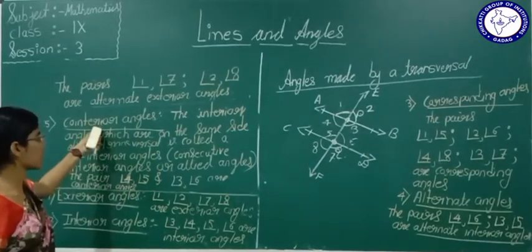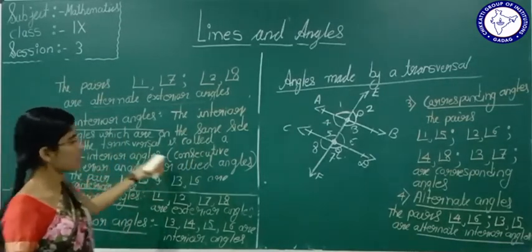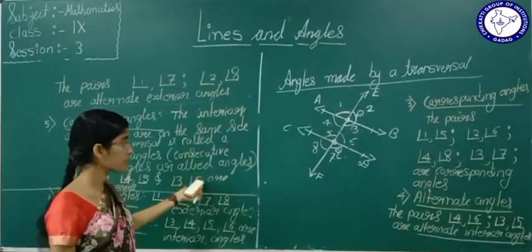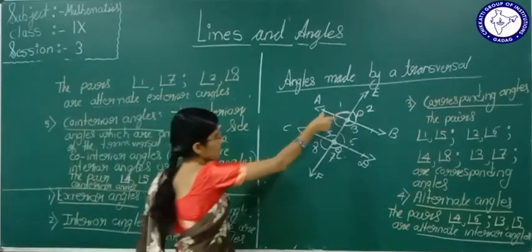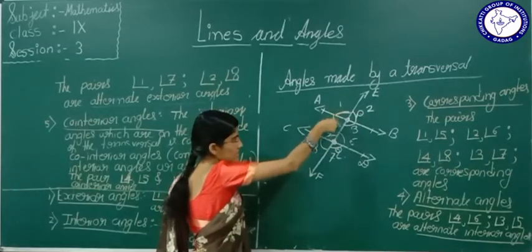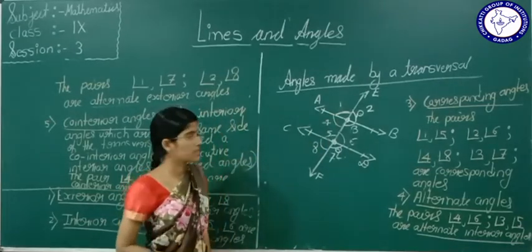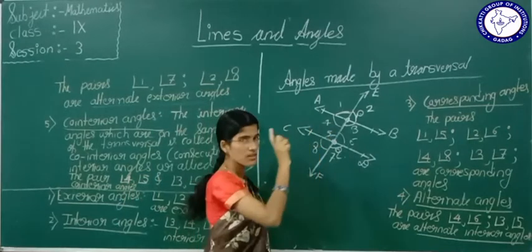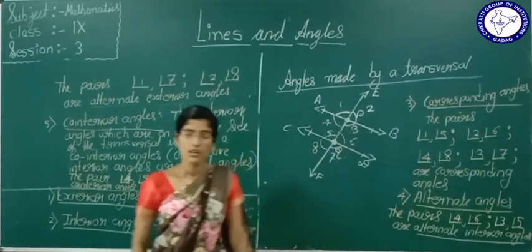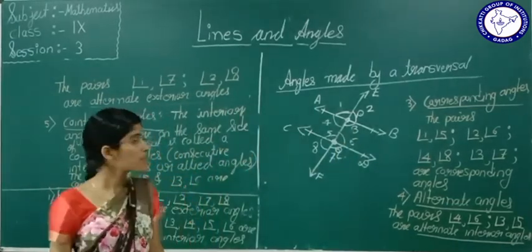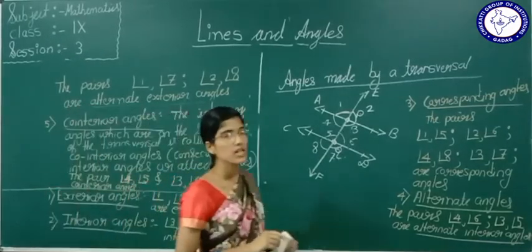For co-interior angles, so many different names are there: consecutive interior angles or allied angles. What are co-interior angles? The interior angles which are on the same side of the transversal are called co-interior angles. Here angle 4, angle 5 are co-interior angles and angle 3, angle 6 are co-interior angles. Okay. See here, this is about the angles made by a transversal.